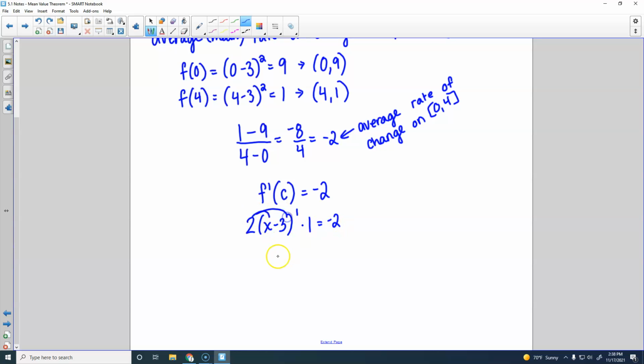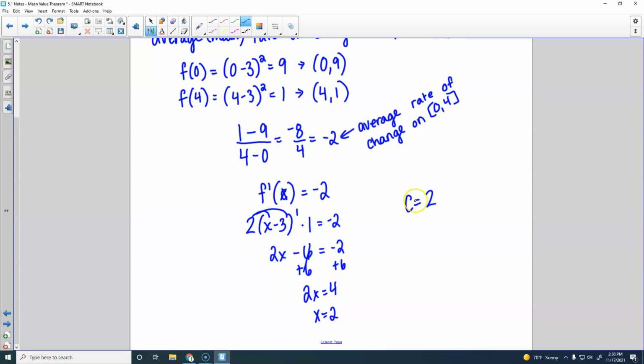So you distribute that 2, or you can divide it off, either one. 2x minus 6 equals negative 2. Add your 6. 2x equals 4. So x is going to equal 2. I used x's the whole time instead of c's. I should have used c really. C is 2.